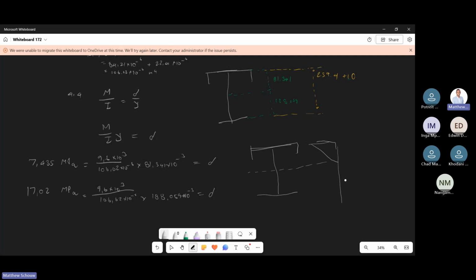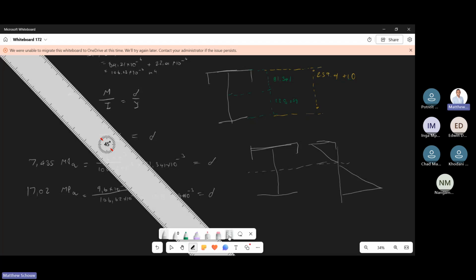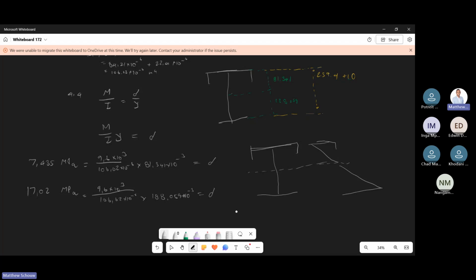Bring that line down, like this. So at the bottom, we have 17.02 megapascals in tension, and at the top it's only 7.45 megapascals in compression. You guys with me? So the value they got was just below this.